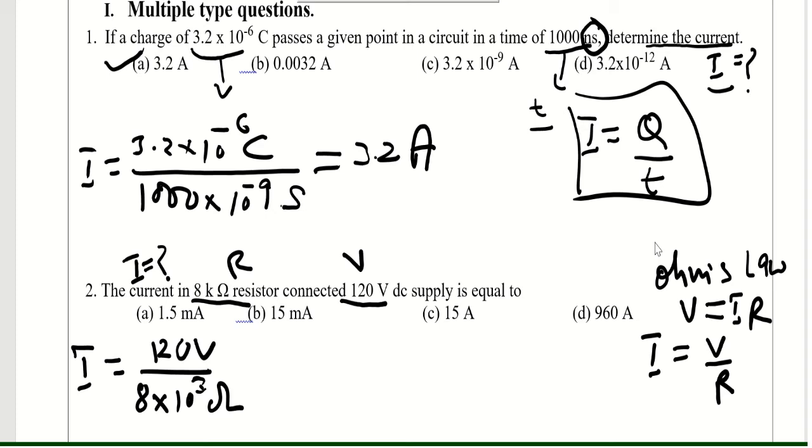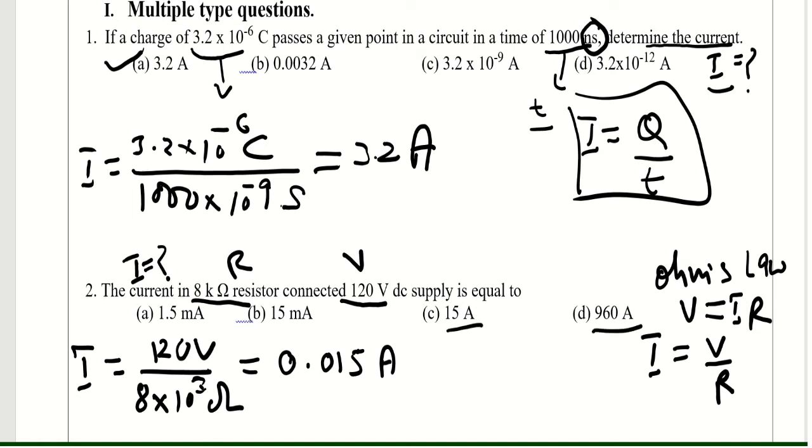Now let us calculate. After the calculation the answer comes 0.015 ampere. If we look at the options, this is not matching: 15 ampere, 960 ampere.